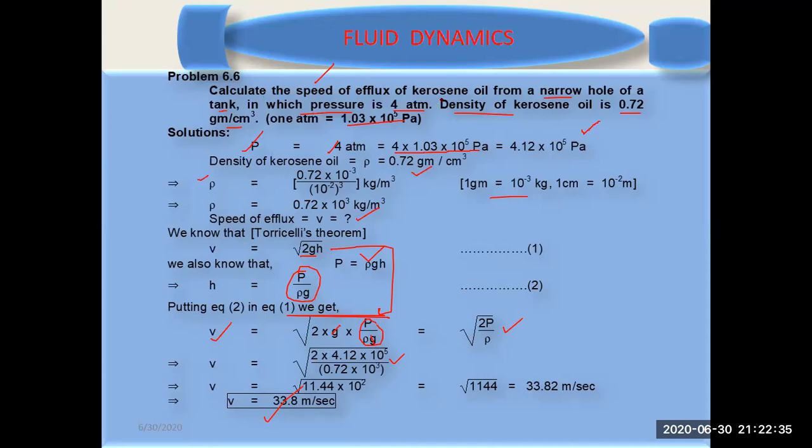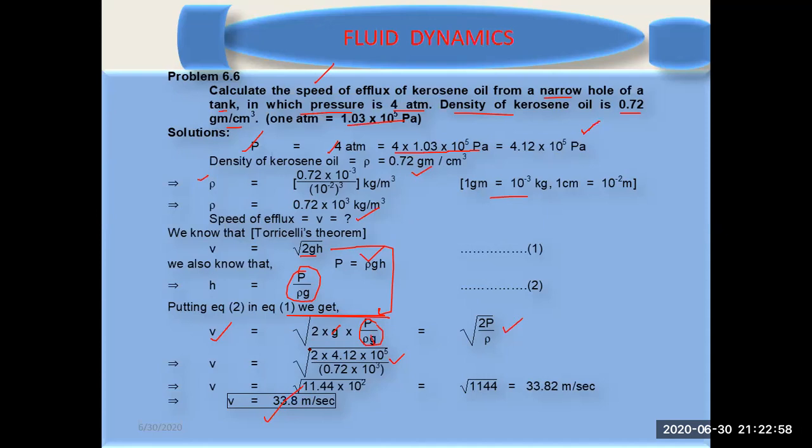The efflux of the kerosene oil from a narrow hole of a tank in which the pressure is 4 atmospheres, and the density of the kerosene oil is 0.72 grams per centimeter cube. By using all these values, you reached this point.